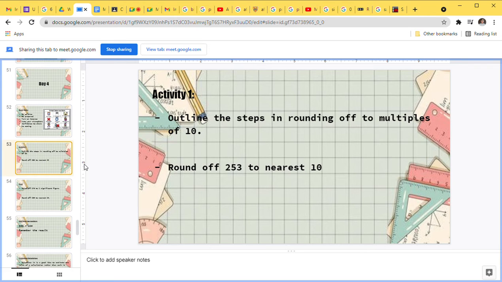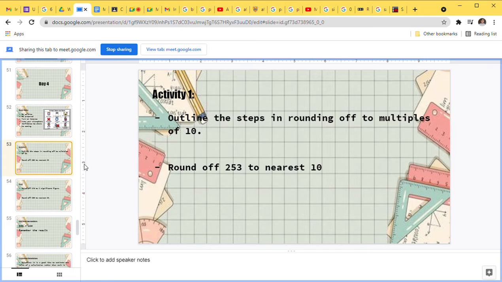So we'll start with our first activity. Remember in the beginning of the week we covered rounding off to multiples of 10. So what were the steps that we followed to round off to the multiples of 10? Good morning, Ernest. What were the steps in rounding off to multiples of 10?